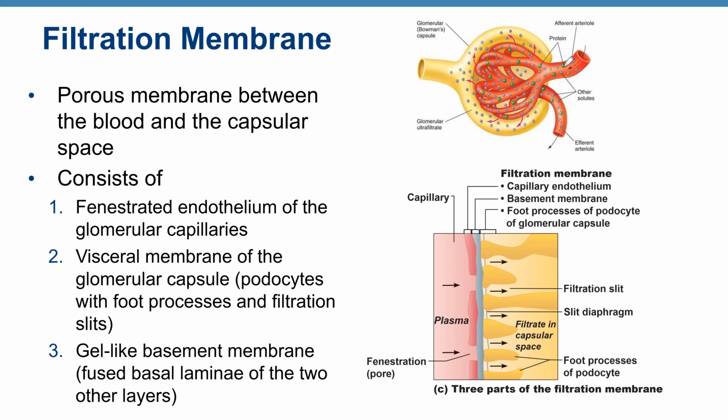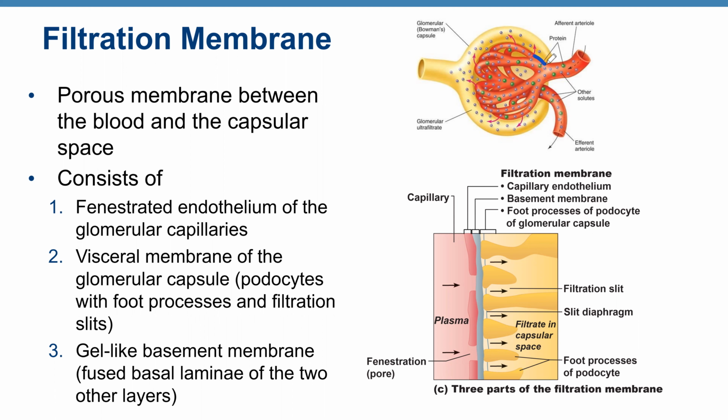We don't want your red blood cells to leave your bloodstream, because what's going to happen if your red blood cells penetrate your glomerular wall? Then you will pee blood. Your urine is going to be full of red blood cells. So that's going to be blood in your urine.